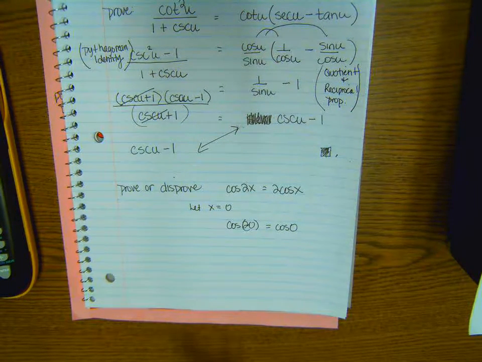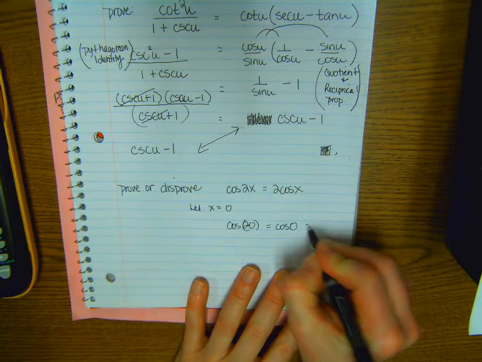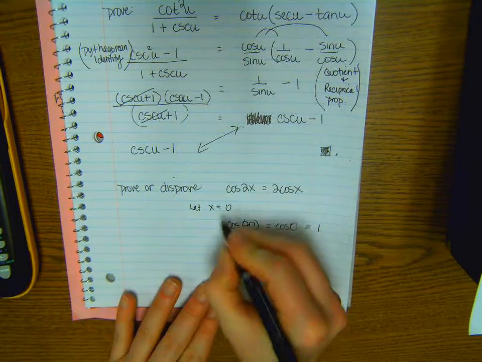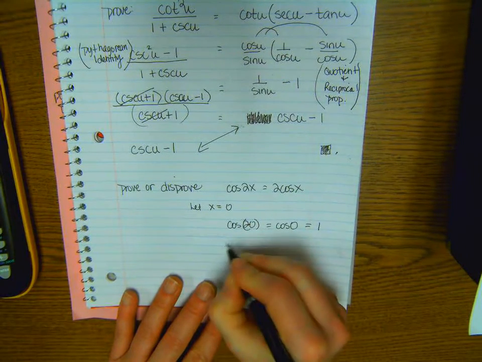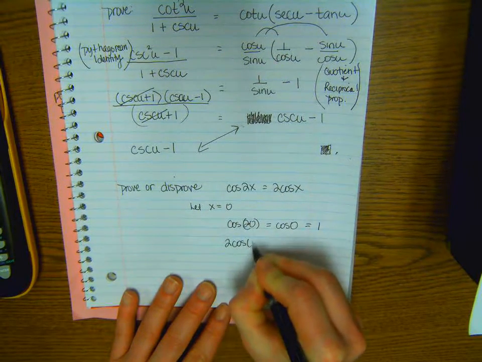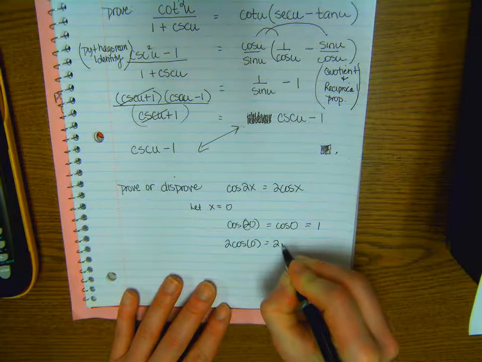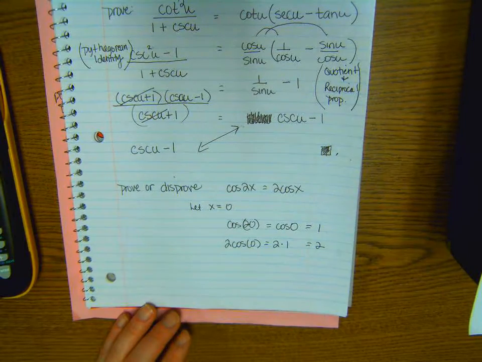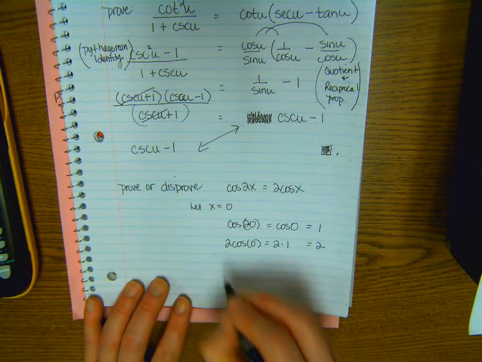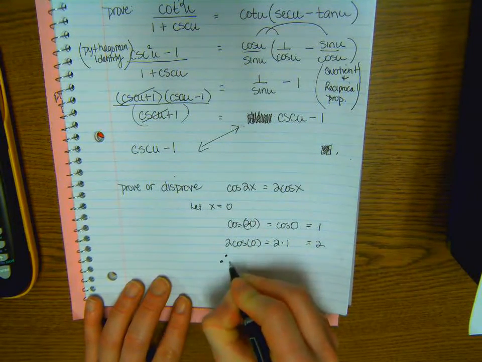There you go. Okay. So cosine of 2x at 0 is 1. 2 times the cosine of 0 is 2 times 1, or 2.